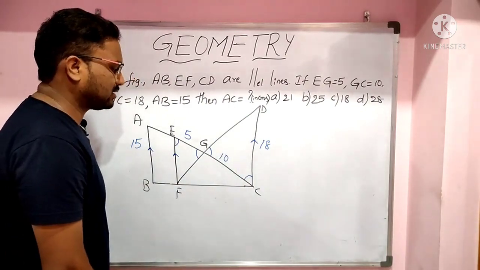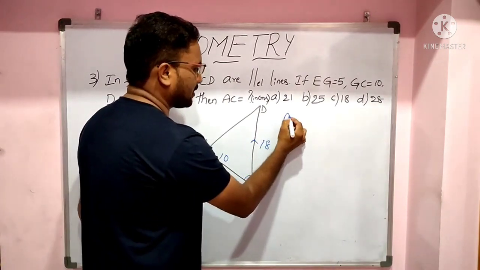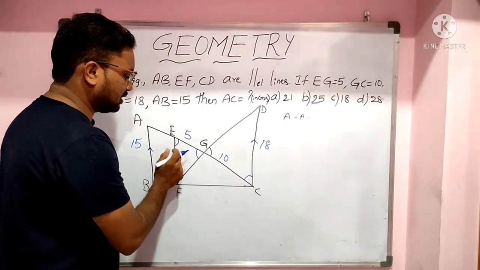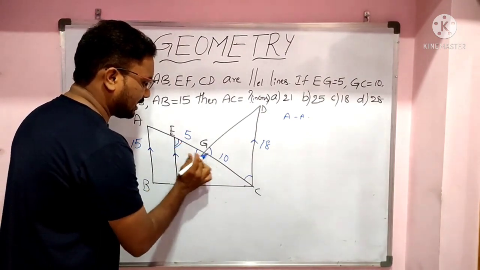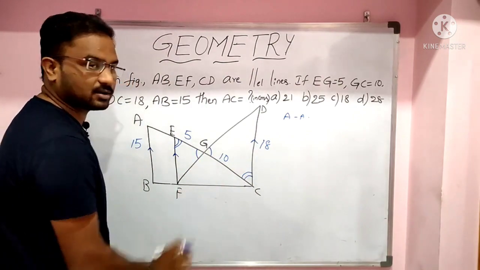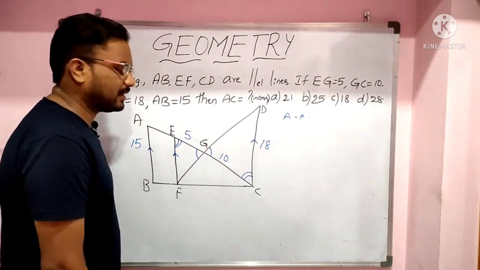So according to the angle property, these two angles are equal, and these two angles are equal. Hence, these two triangles are similar according to the angle property.